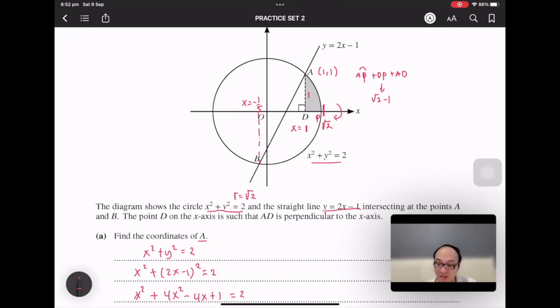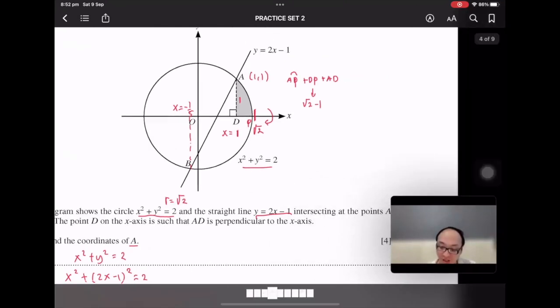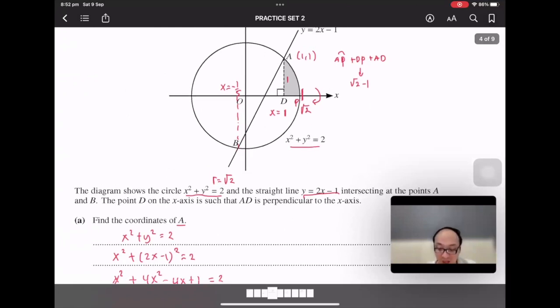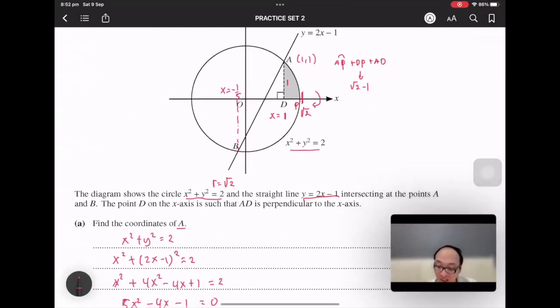So that means for the perimeter, we have to find AP first. AP is the sector of OAP.